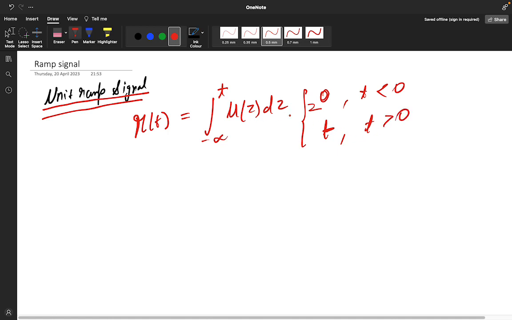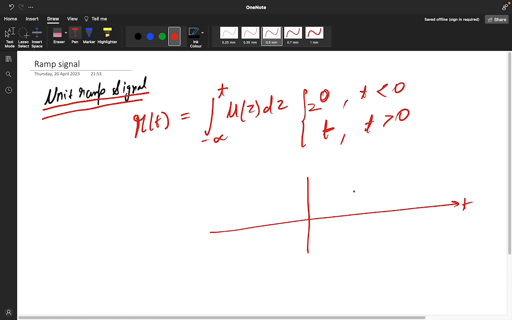So this is my r of t. If t is less than 0, this function is 0. When t is greater than 0, it follows t.